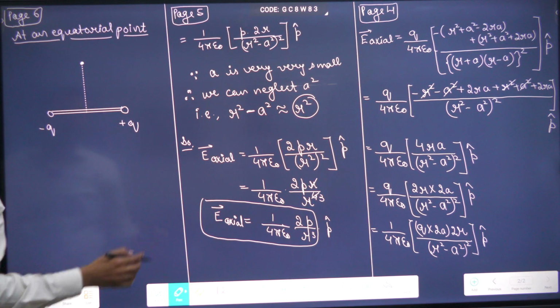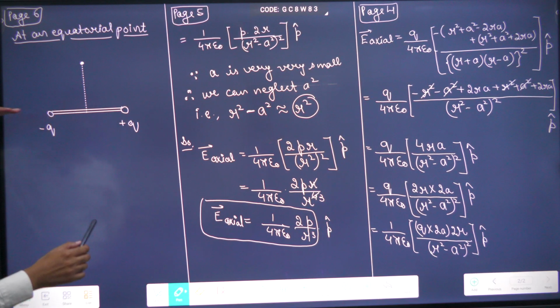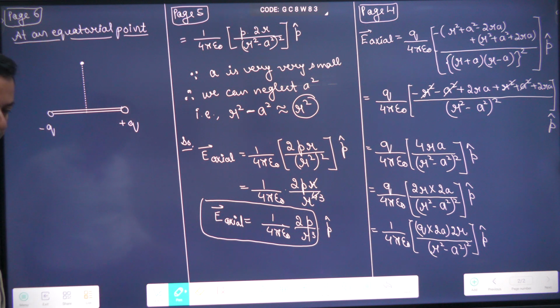We have taken this point here. Now this point does not lie on the axis. This point lies on the equatorial line.